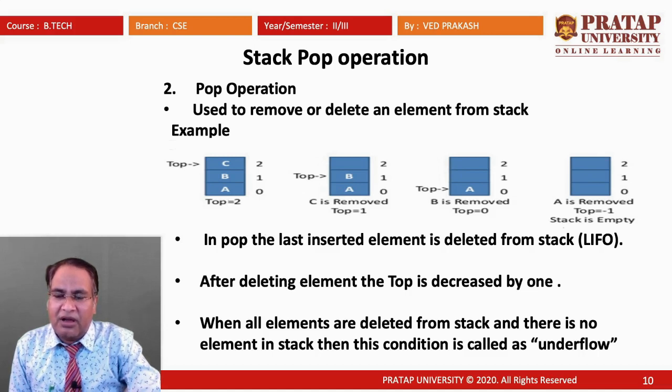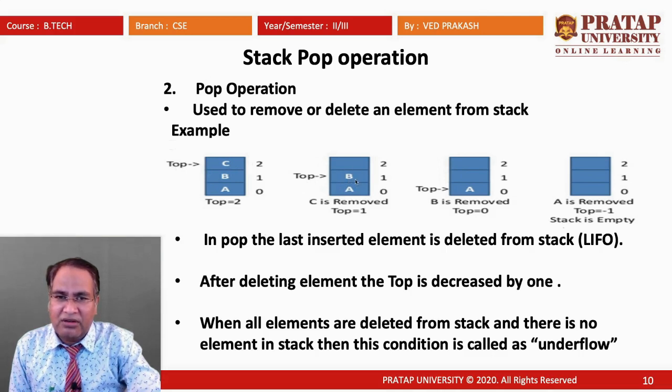First I want to remove the element C. When I remove the element C, top always gets decremented by 1. Here the top index value is 2. When I remove the element C, top decreases and becomes 1.